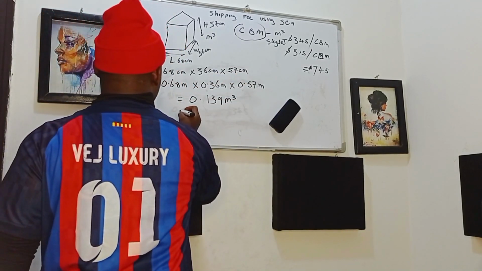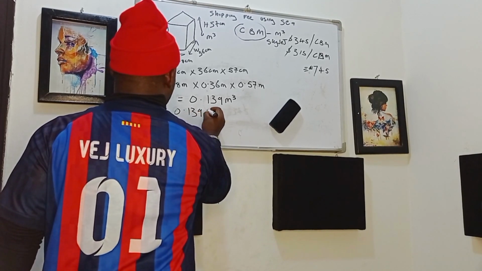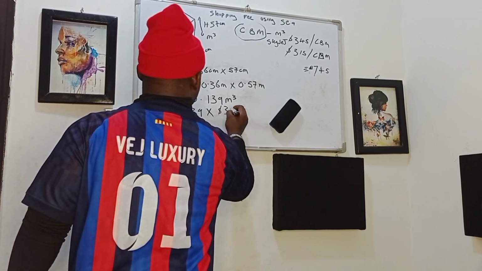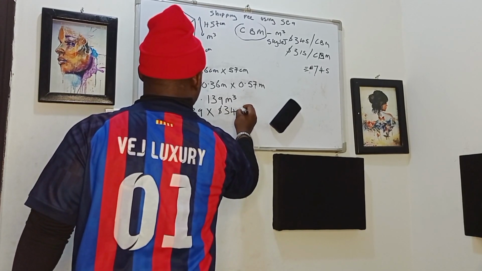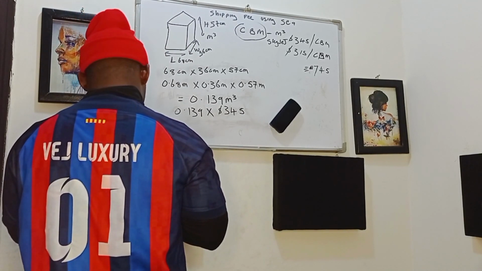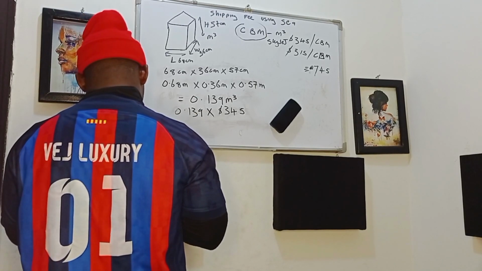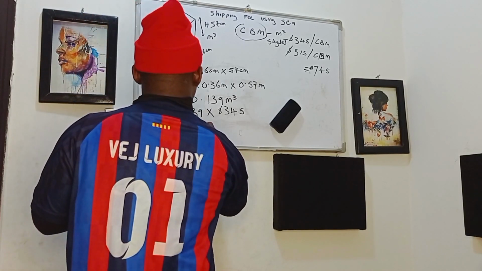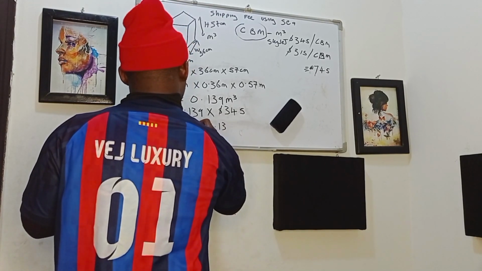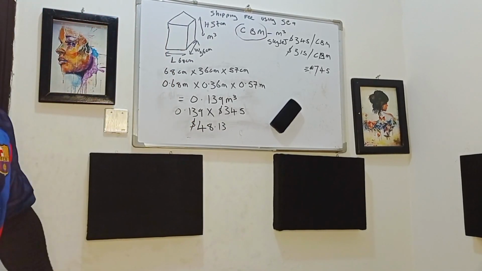We're going to say 0.139 multiplied by $345. How much is that going to give us? It's going to give us $48.13. So this is how much you're going to pay for that carton.